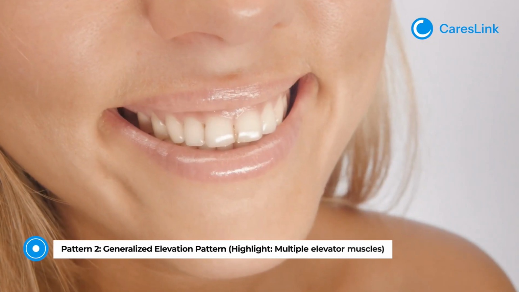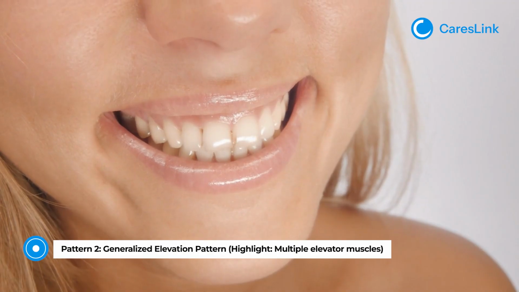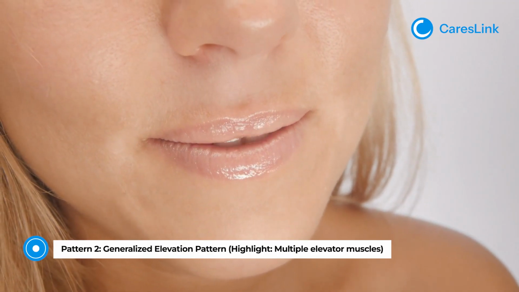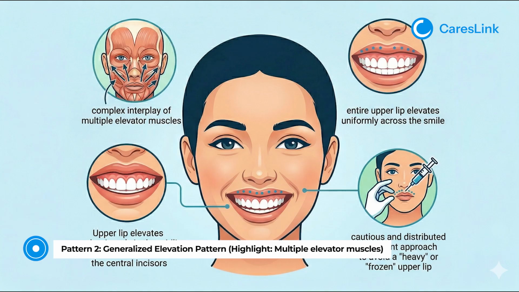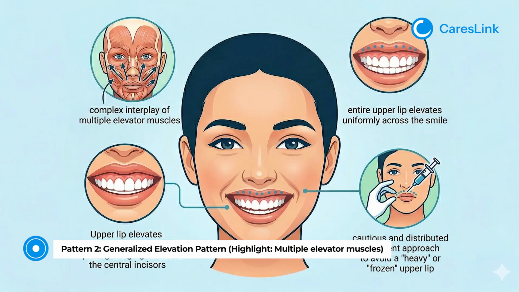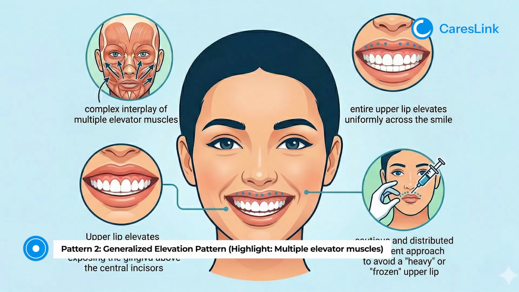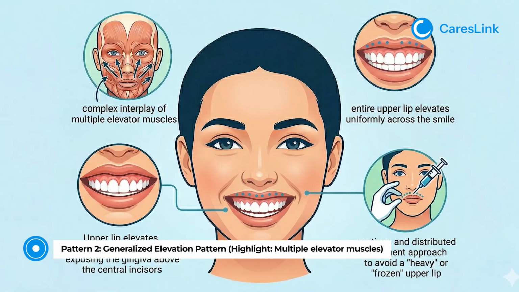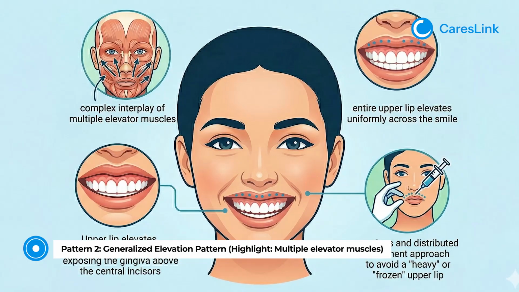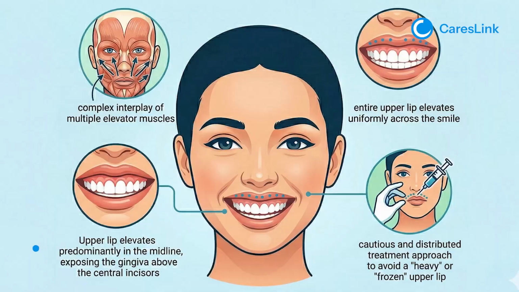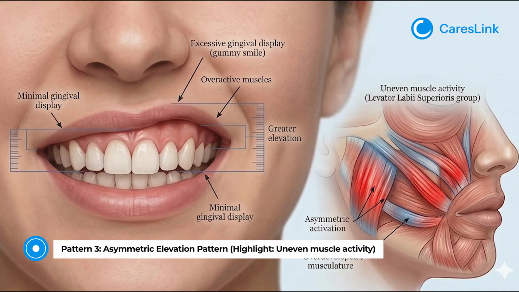Second is the generalized elevation pattern. Here, the entire upper lip elevates uniformly across the smile. This involves a complex interplay of multiple elevator muscles. Because the activity is widespread, it requires a much more cautious and distributed treatment approach to avoid a heavy or frozen upper lip. Finally, we have the asymmetric elevation pattern, where one side of the lip elevates significantly more than the other.